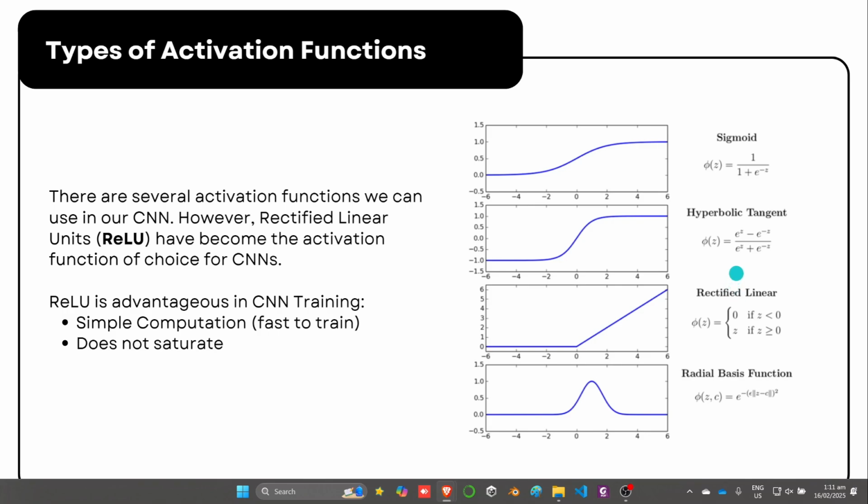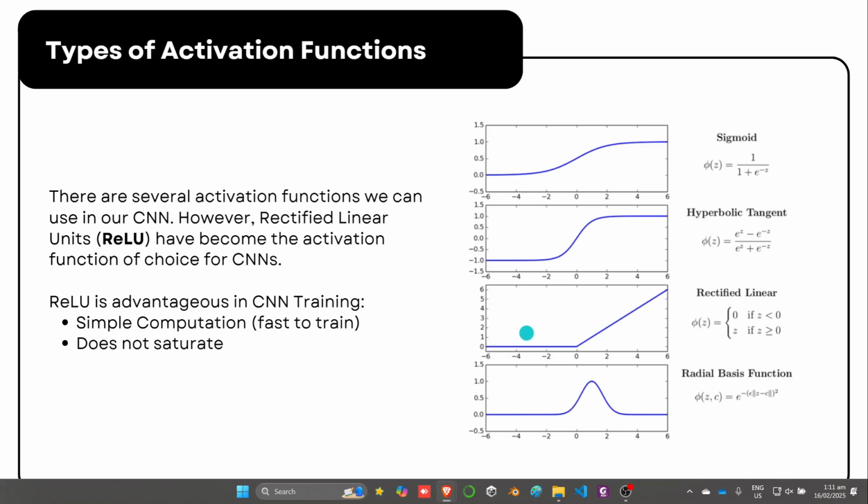You're seeing these functions here, and this one here is ReLU, the rectified linear unit. That's what it stands for. So what does this mean?